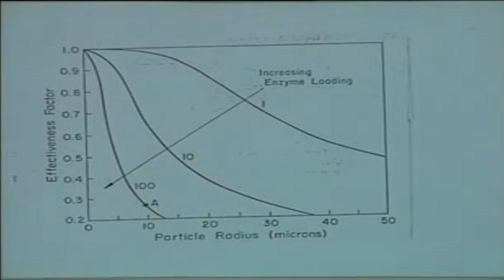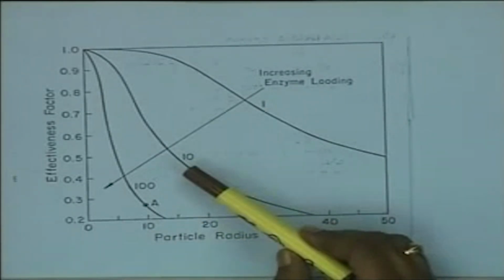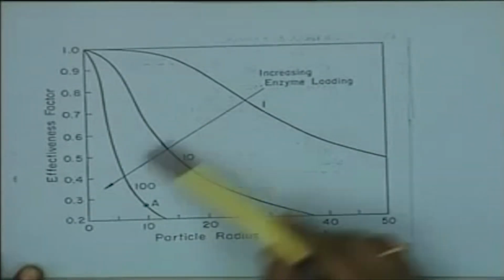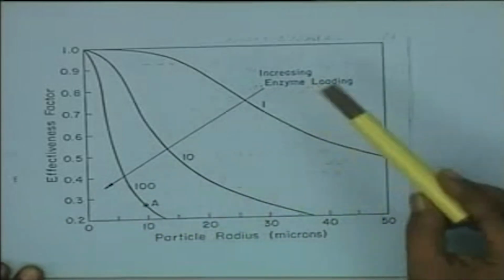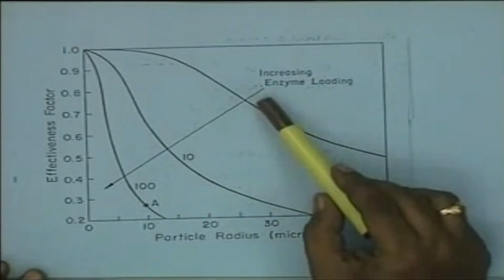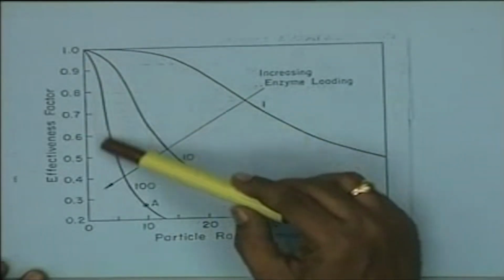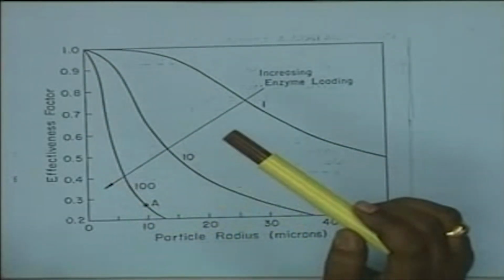So K2E0 upon Km, if it is the first order rate constant in the case of an immobilized enzyme catalyzed reaction, then the value of E0 is increasing with enzyme loading, and therefore, as you notice, as you increase the enzyme loading, for some arbitrary values of, let us say, 1, 10 and 100, the effectiveness factor very sharply decreases.